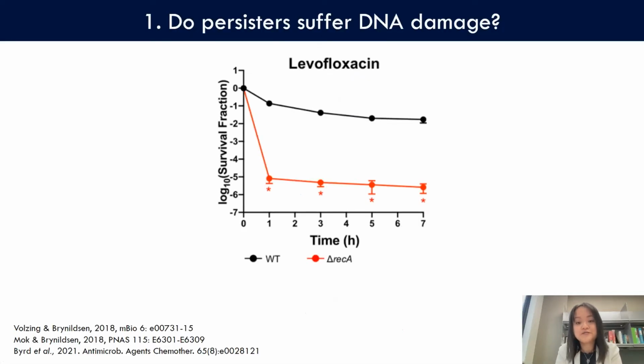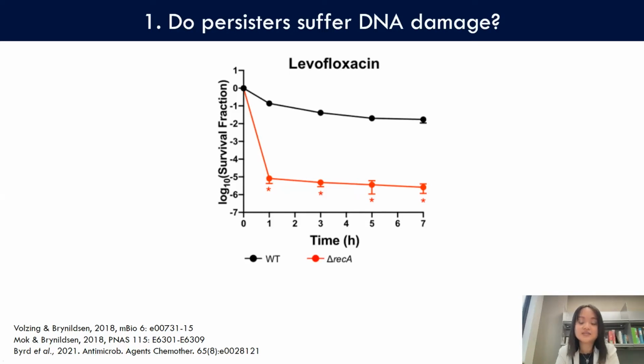So in answer to our first question, do these persisters that can survive topoisomerase inhibitor treatment still suffer from DNA damage? We took a relatively simple genetic approach in which we deleted a gene called recA, which is a key player in DNA double-stranded break repair and also in orchestrating the DNA damage repair SOS response in bacteria like E. coli.